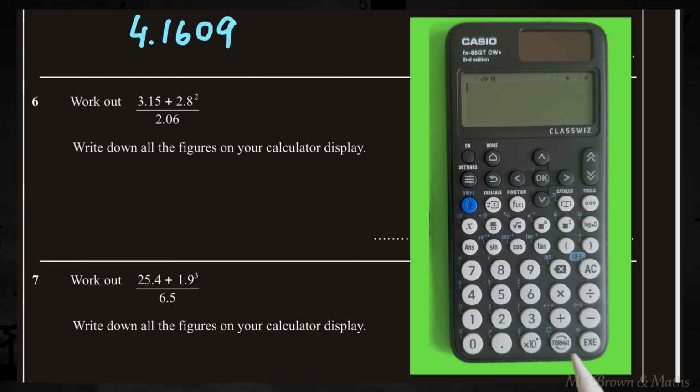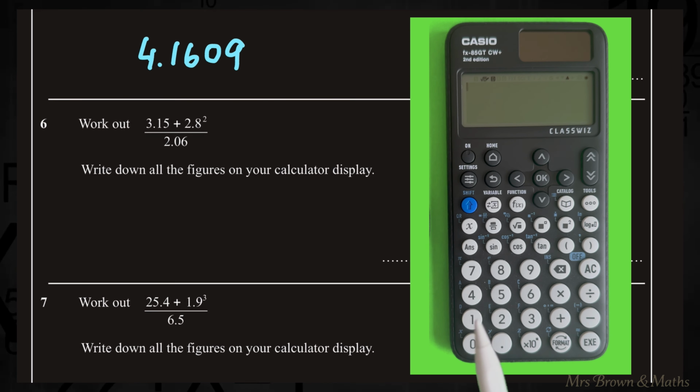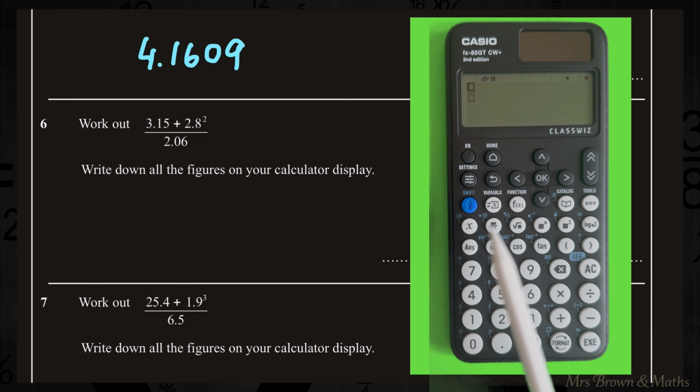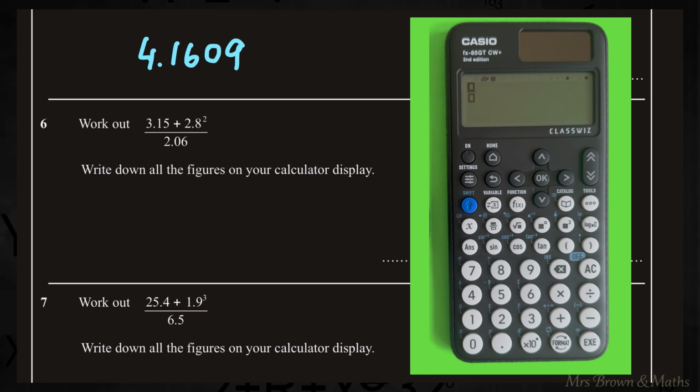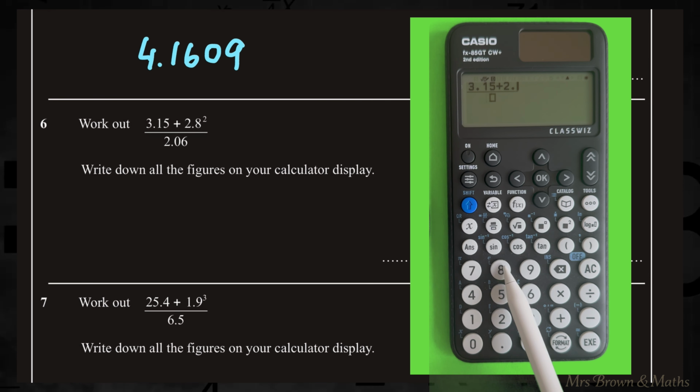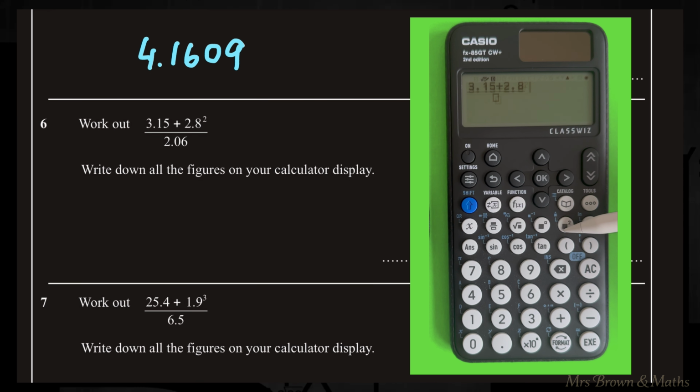Question 6. Click fraction, top, 3.15 plus 2.8 squared.